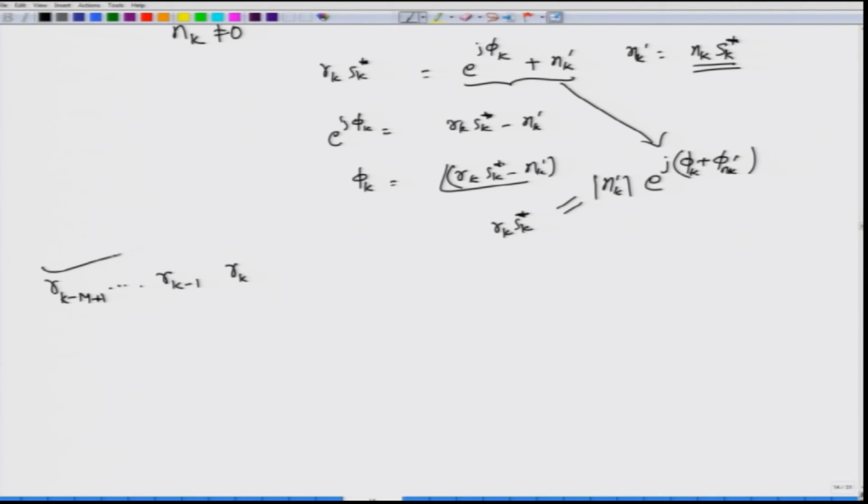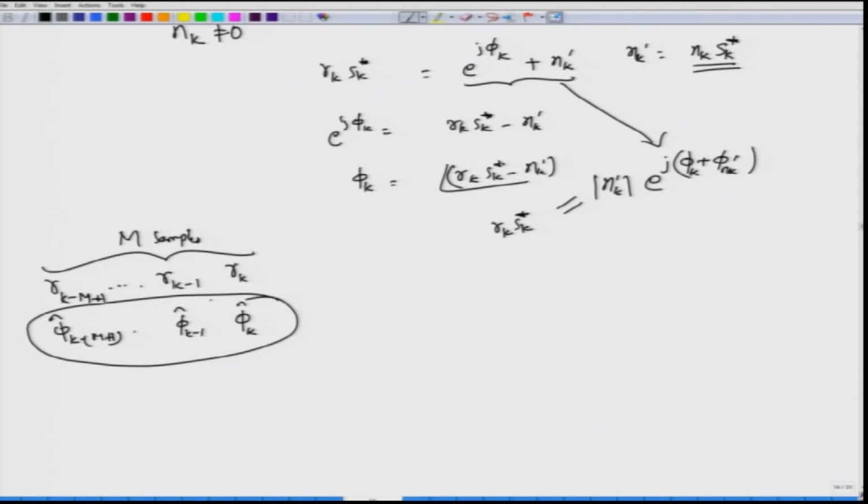That is, you go back m samples, take all these m samples, find the corresponding phi k estimates, phi k minus 1, up to the phi k minus m plus 1th estimate, and then combine these phase estimates. If you combine these phase estimates, you are basically doing some averaging.